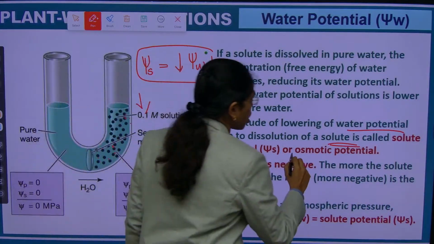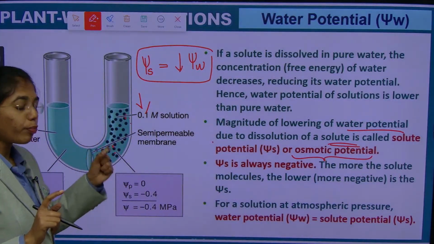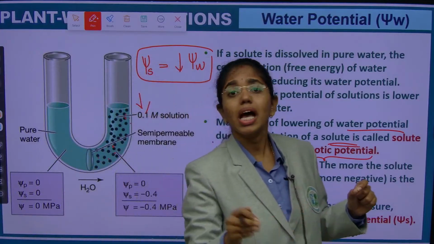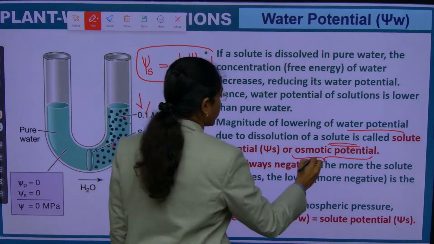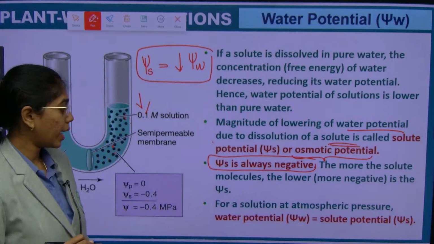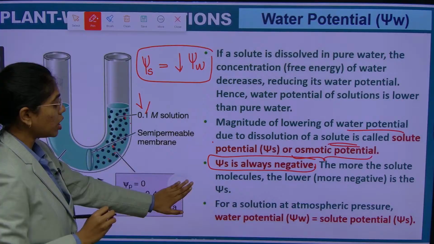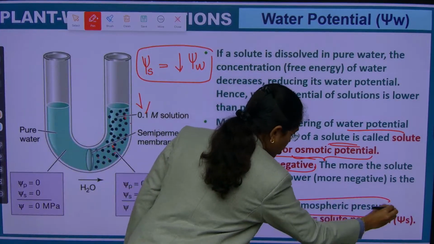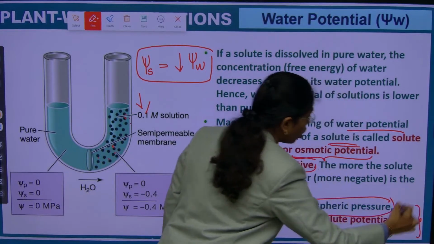Solute potential is also addressed as osmotic potential, you remember it. As solute potential will always reduce the energy of water molecules, solute potential will always be negative, remember that. For any solution at atmospheric pressure, water potential is directly equal to solute potential.